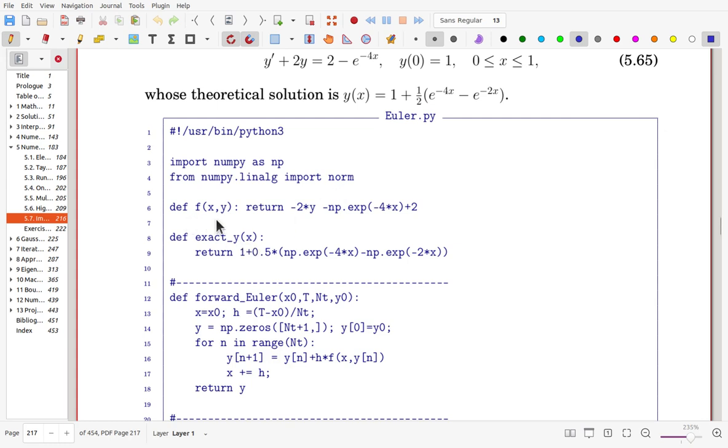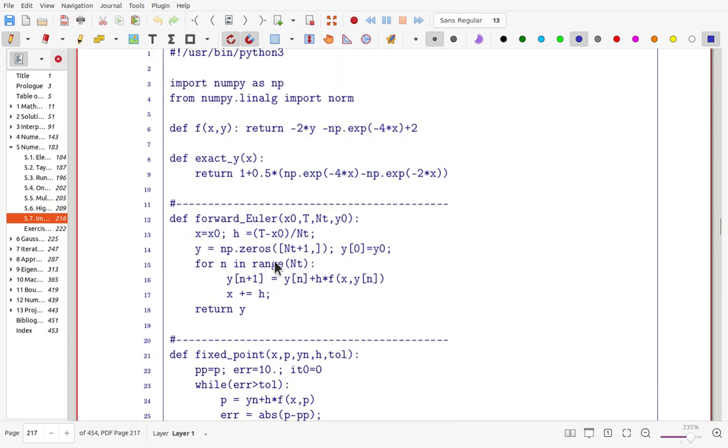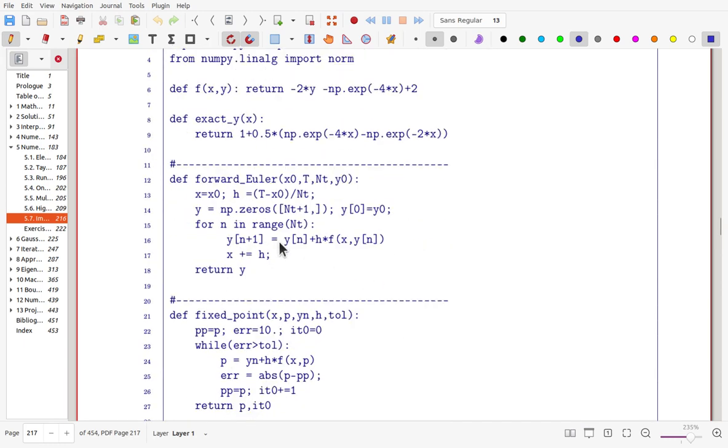We define f of x, y and exact y, and here is the Euler method: yn plus 1 is yn plus h times f of x, yn. That is exactly the formula, and x is increased by h for the next level of computation.